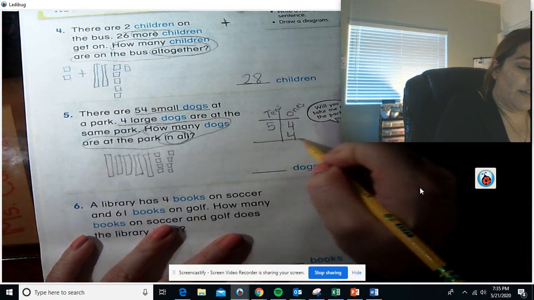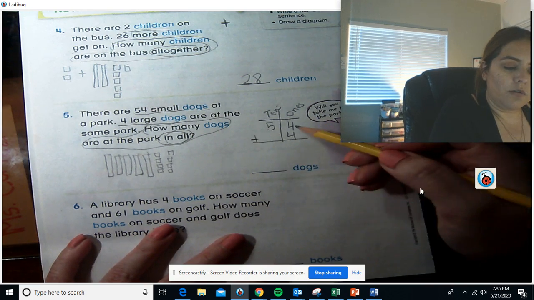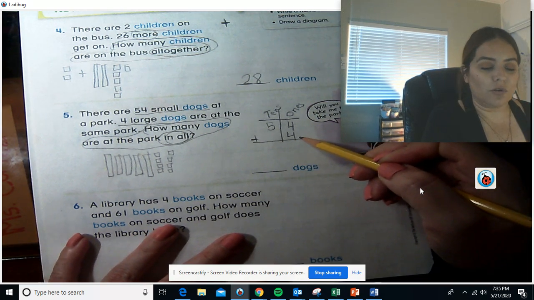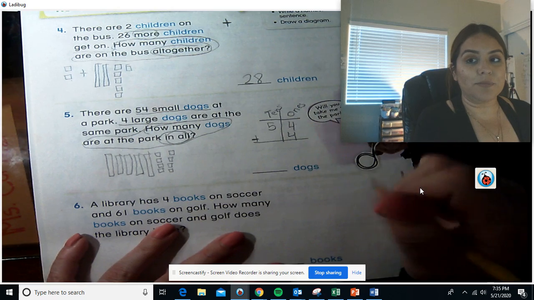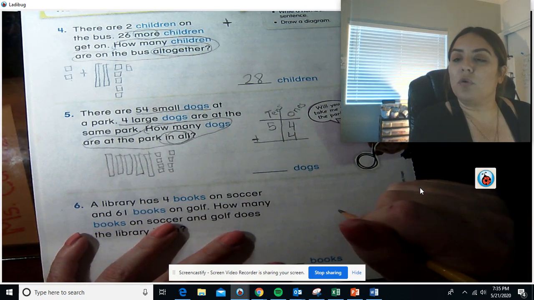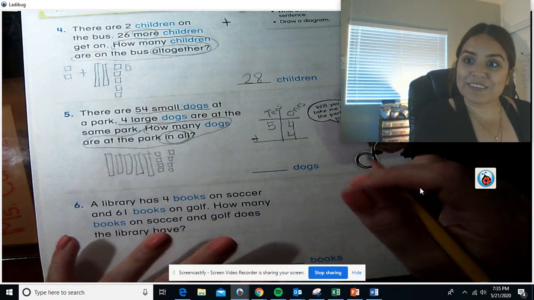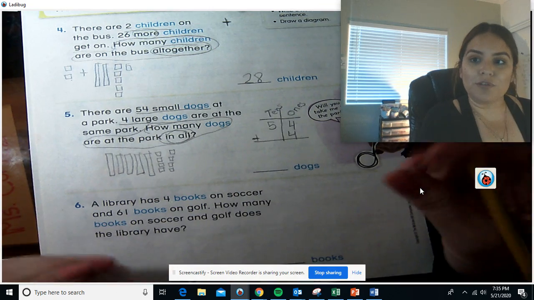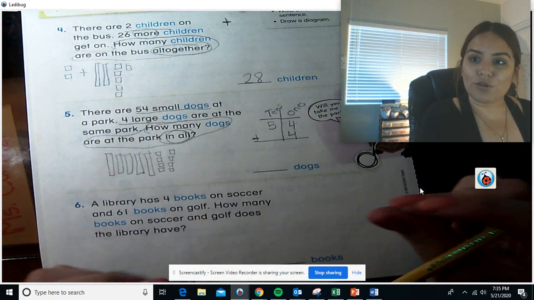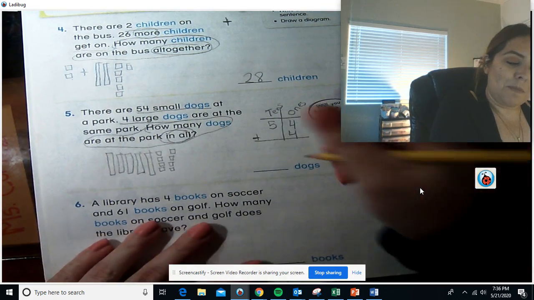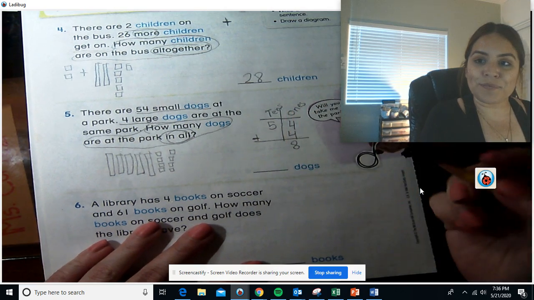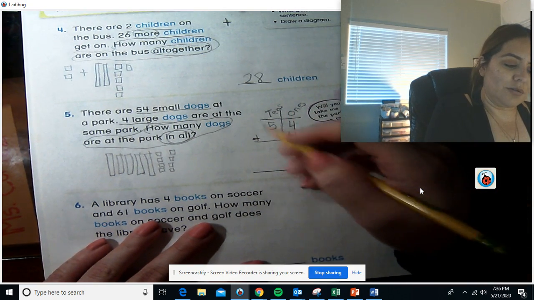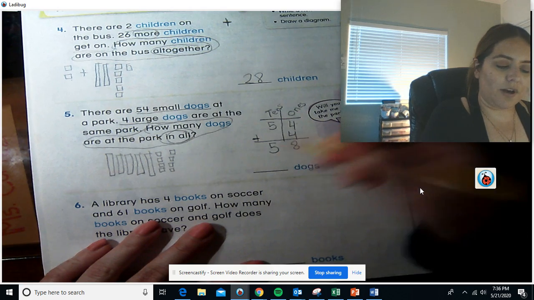So now we add them. 4 plus 4 equals, tell me. It's a double. Doubles, let's go. What is it? 8. 5 plus 0 is 5.